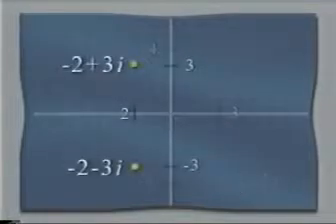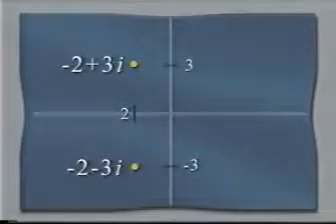Even if, for example, the real part is negative. If we have negative 2 plus 3i and negative 2 minus 3i, negative 2, 3, and negative 2, negative 3 will be reflections of each other. Let's take a look, if we had graph paper, and we can graph the representations of the three cube roots of 1.